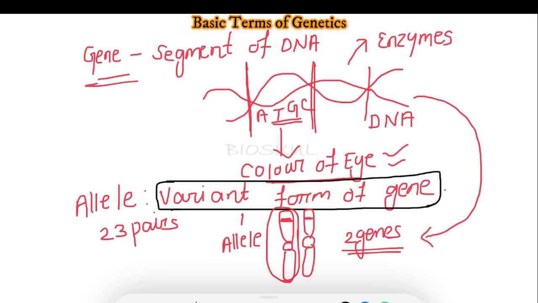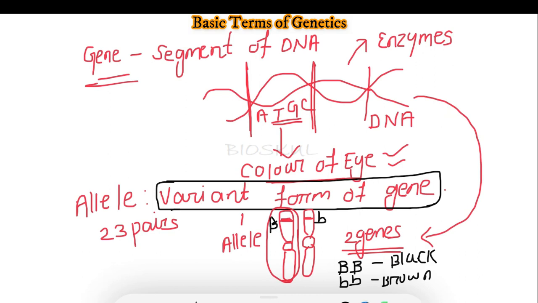Let's say this allele codes for black eye color, and the other one may code for brown eye color, or both may be the same. Both alleles may be capital B, capital B, and both code for black color. Both may be small b, coding for brown color, or it may be capital B and small b. Whatever the combination, it depends on what we inherited from our parents.